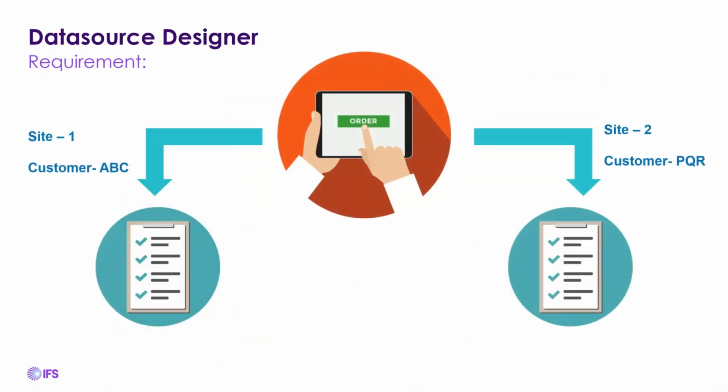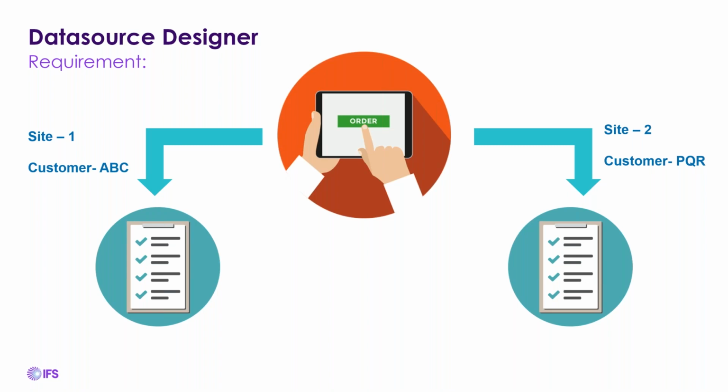Now, let's think that we came across a requirement where we would like to provide inputs as parameters for the data source. So we will try such an example with parameters. Here, I will explain a scenario. In the data source, I want to get customer orders, but I want to see this data based on site and customer.